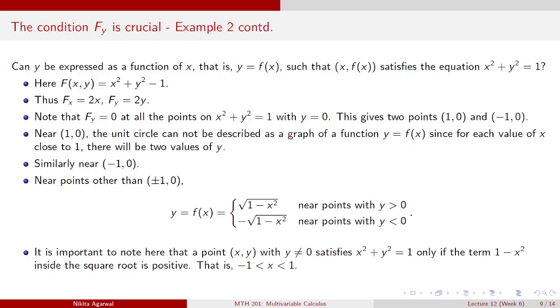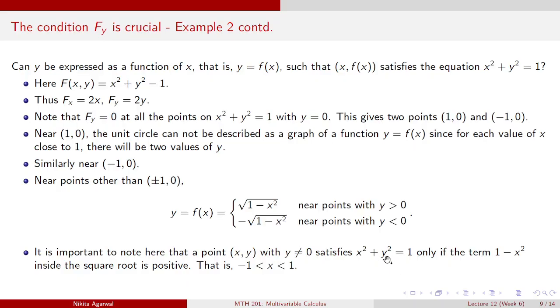It's important to note here that a point x comma y with y non-zero satisfies x square plus y square equal to 1 only if the term 1 minus x square inside the square root is positive, right?